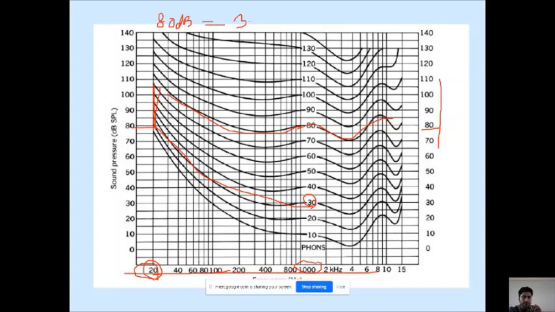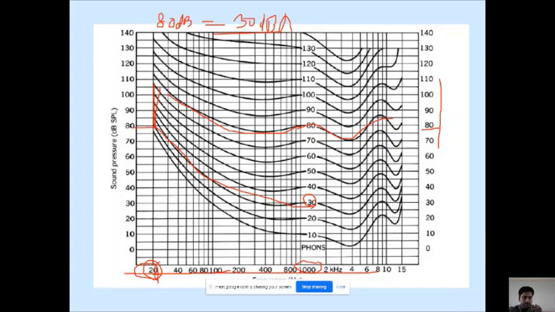We can write 30 dBA, because 80 dB at 20 hertz will not feel loud, but at 1000 hertz 80 decibel is quite loud. We know 80, 90 is quite loud. 35 is kind of faint, and if we go beyond 100 and 110, that is extremely loud and painful.